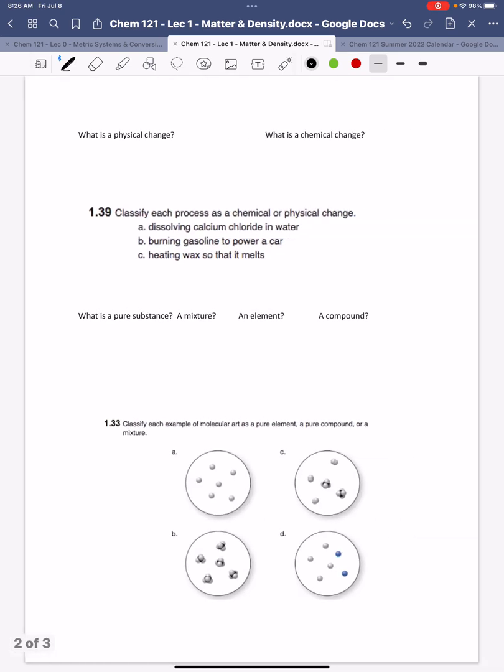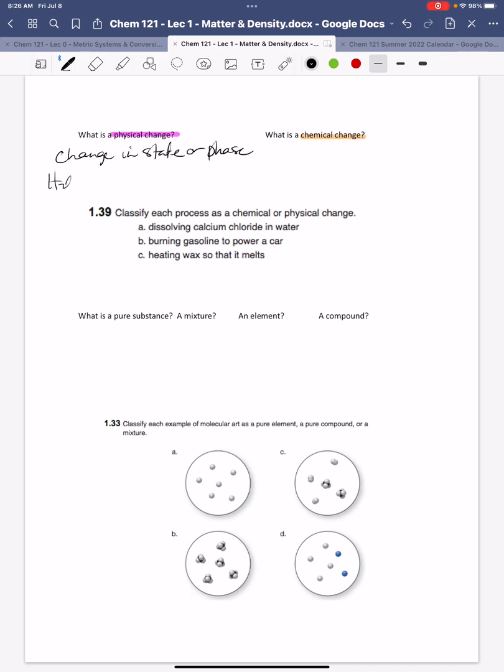We can use another set of words that seem really familiar: physical change and chemical change. I just want to make sure we understand the difference. A physical change is going to be the change in state or phase, and we've already looked at that.